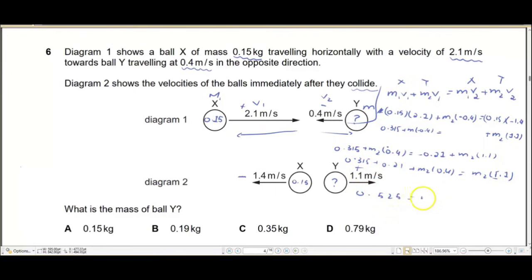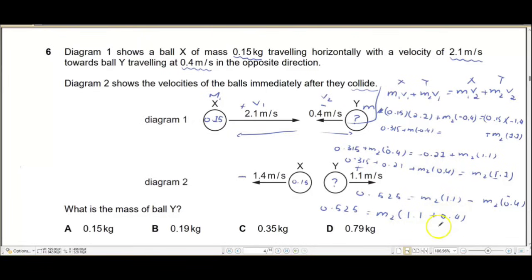Okay, so this is going to give us an answer of 0.525. Let's take this m2 over there, negative. So 0.525, let's take m2 as common. m2, so 1.1 and negative multiplied by negative is positive.